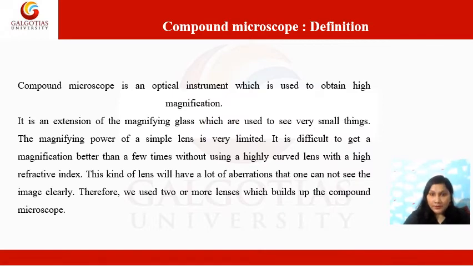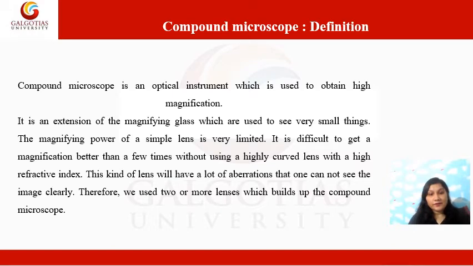Now, coming to the main topic of today's lecture, that is compound microscope. The compound microscope can be defined as an optical instrument which is used to obtain high magnification. It is actually an extension of the magnifying glass which is used to see very small things, generally which are micro in size.